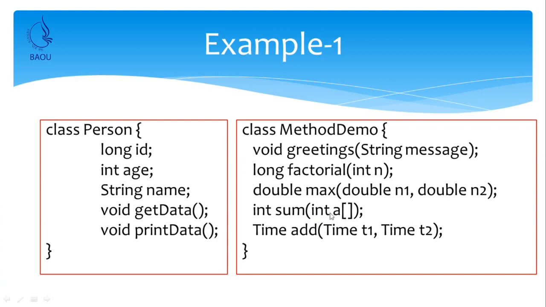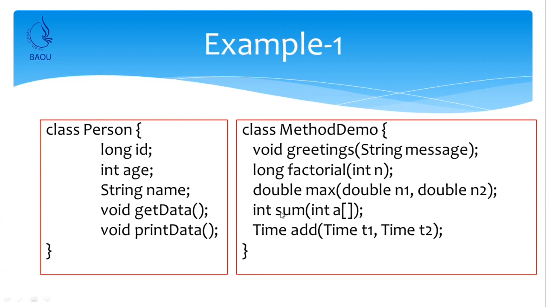Here an integer array is an argument and the sum of all elements is returned by this method, and the return type is integer. You can have long also, depending on your data. If your data is very large, some sums may be outside the range of integers. At that time you can also take long as a return type.